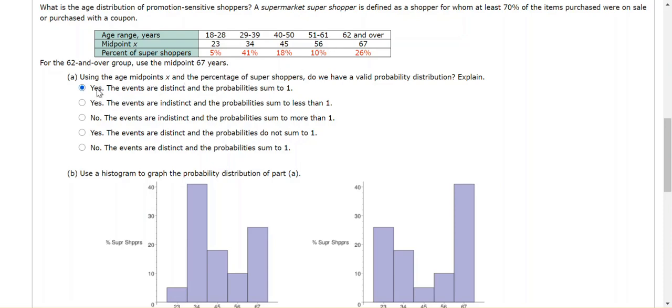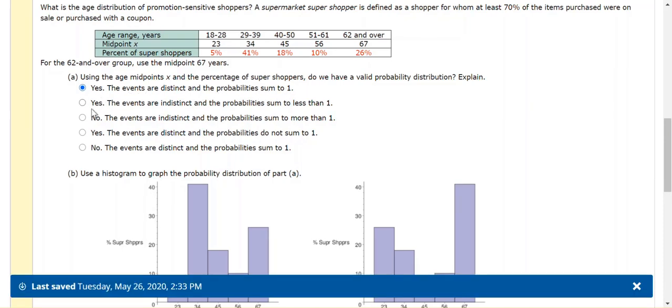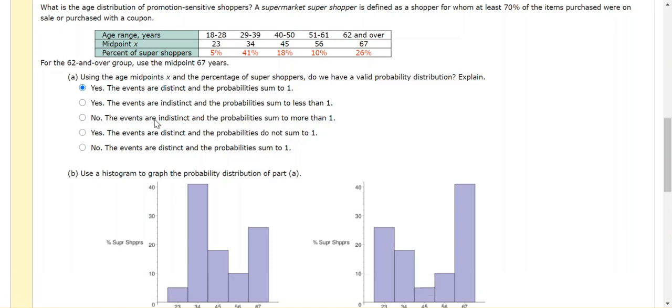So I'm going to click yes, the events are distinct and the probabilities sum to 1. The next answer would be yes, the events are indistinct, so I don't think that's right. And then the third one, yes, the events are distinct and the probabilities do not sum to 1. So they have to be distinct events, which I think they are, and the probabilities have to sum up to 100%, which is the same as 1. So I think A, the first one here, is my answer.